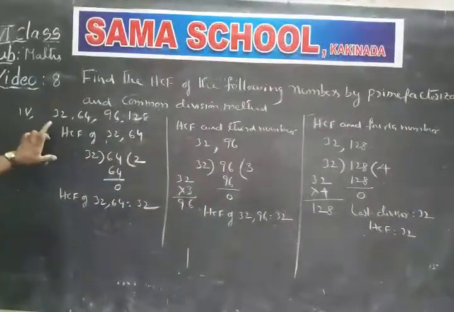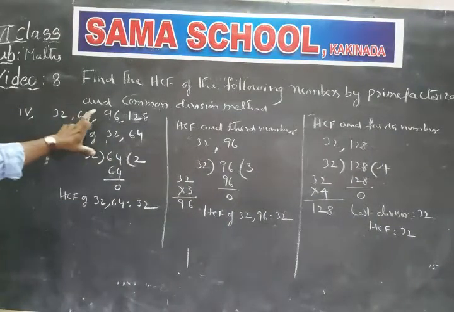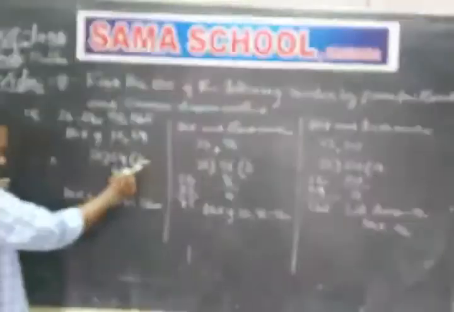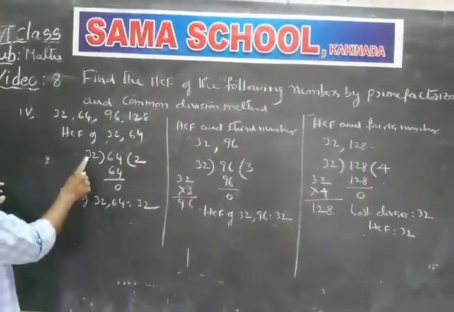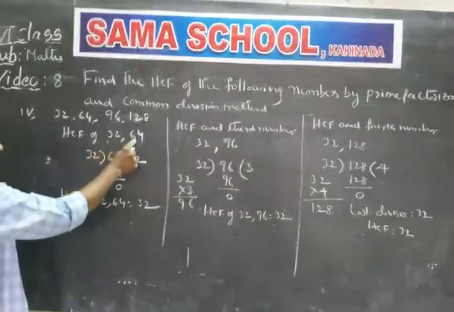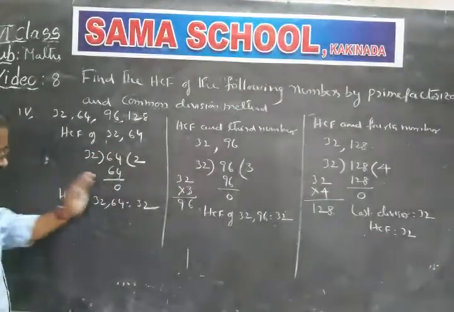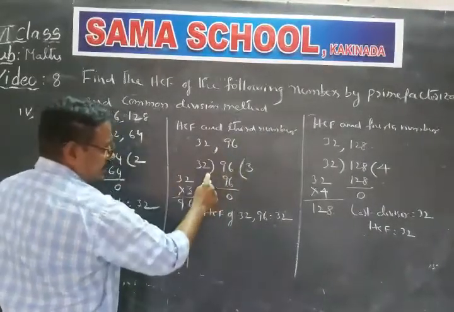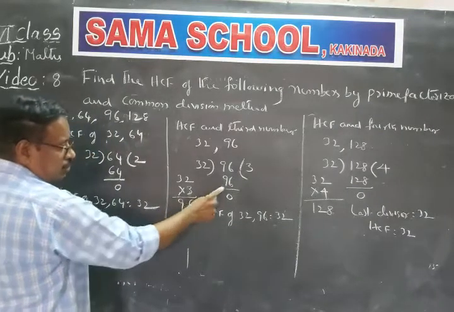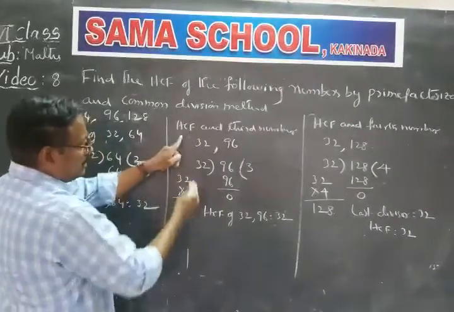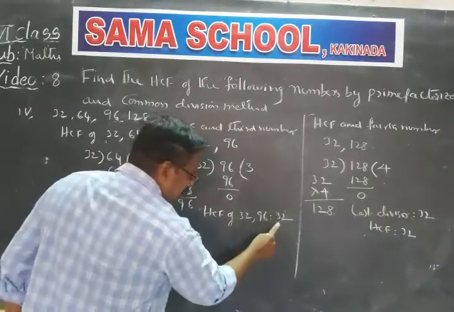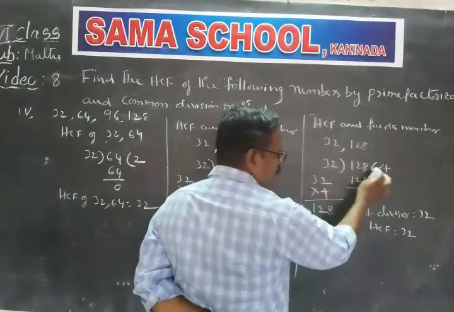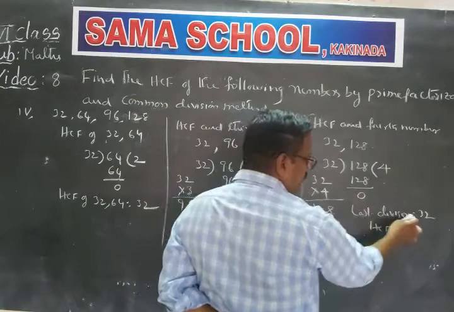The given 4 numbers are 32, 64, 96, 128. First take 2 numbers and find the HCF by dividing the big number by the small number. 32 2s are 64, so the HCF of 32 and 64 is 32. Then take the HCF and the third number: 32 divided into 96, 32 3s are 96, the remainder is 0, so the HCF is 32. Then take the HCF and the fourth number: 32 and 128, 32 fours are 128, the remainder is 0, so the last divisor is 32.